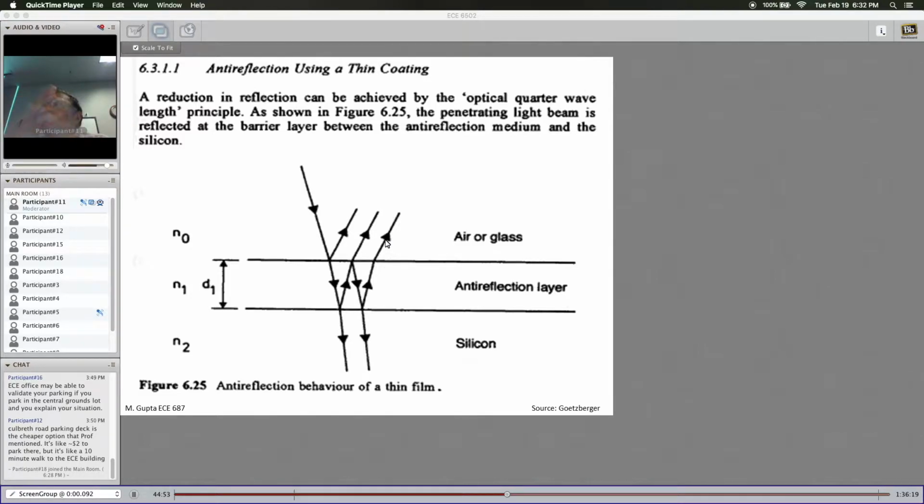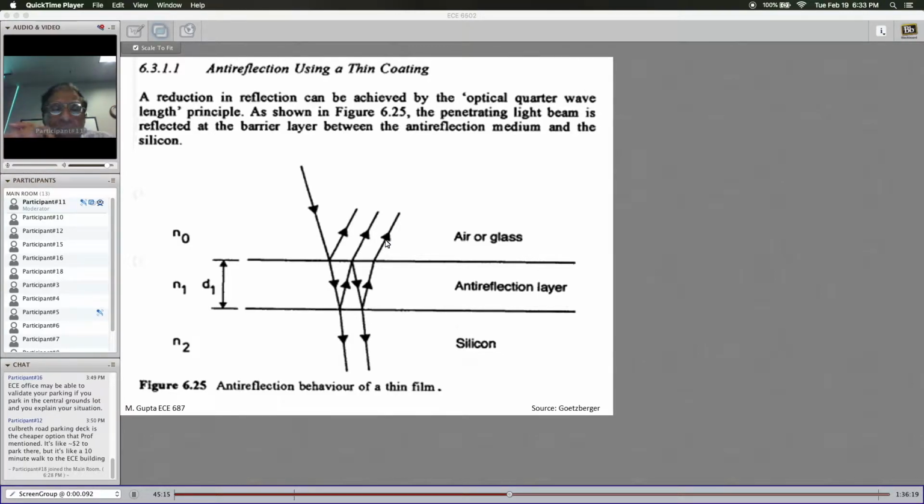If you add them, that will enhance the reflection. So you need a film which can produce a phase difference of pi between these multiple reflections.